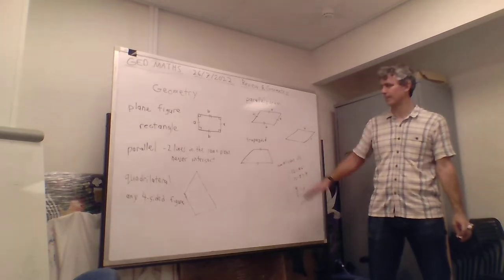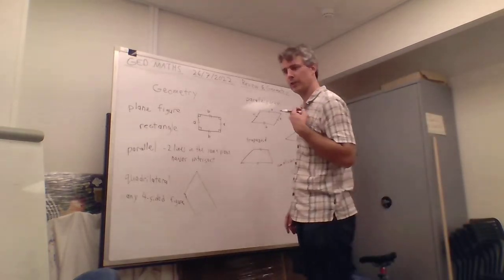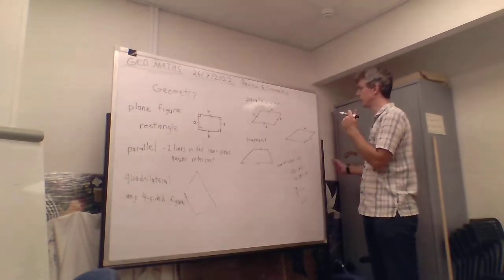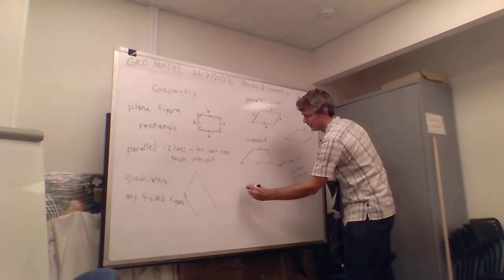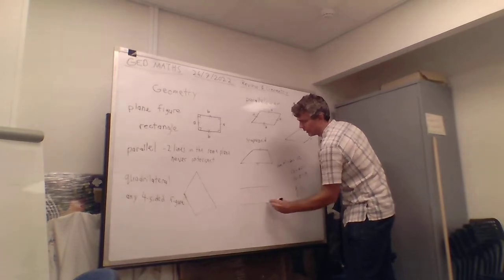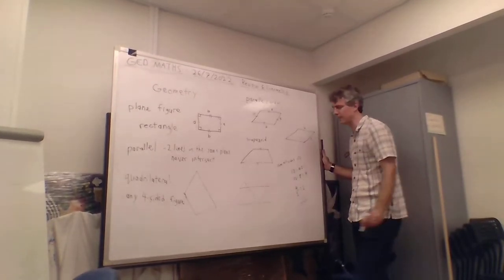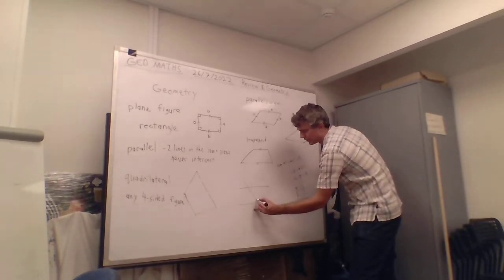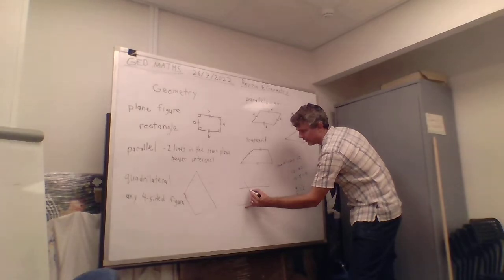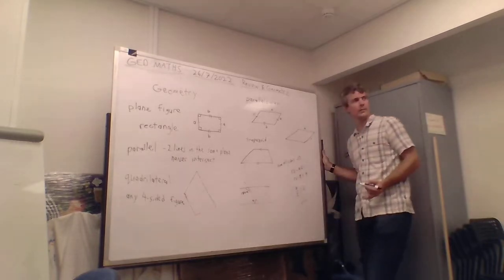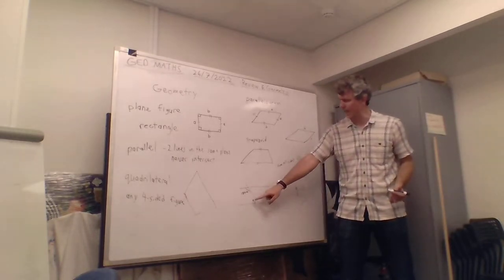Okay? Now, I think in this one it's not talking about it necessarily, but one thing you do know with parallel lines is that if you have 2 parallel lines and a line cutting through it like this, okay? If this angle is A, this angle is 180 minus A. These 2 angles add up to 180.